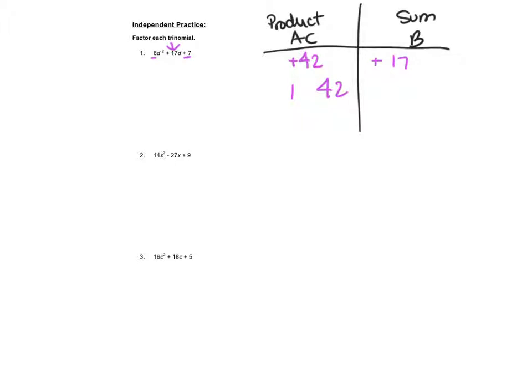So go ahead and do this and complete the independent practice. When you get to this question here, remember that when there's a leading coefficient that's negative, you first have to GCF and take out the negative 1.